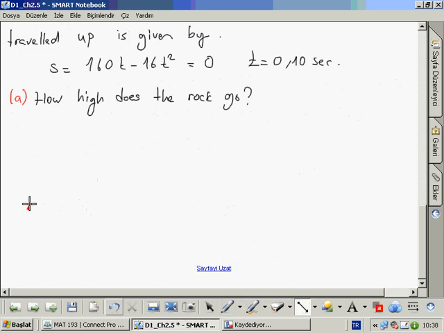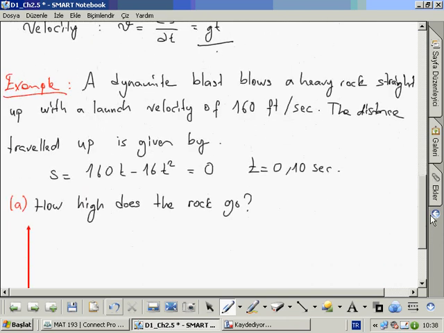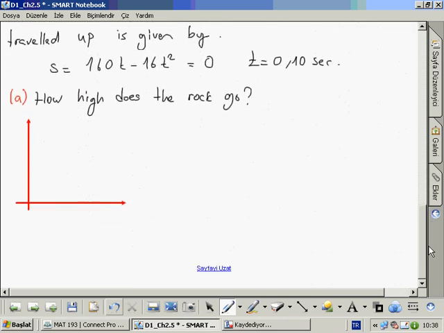When a dynamite blast blows a heavy rock, it goes straight up from the t equals 0 time, and after that at t equals 10 its travel will be ended. This is 10 and this is the 0 point, and this is the highest point of the rock.